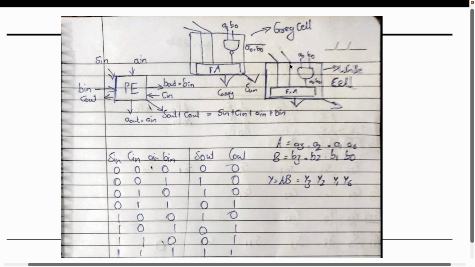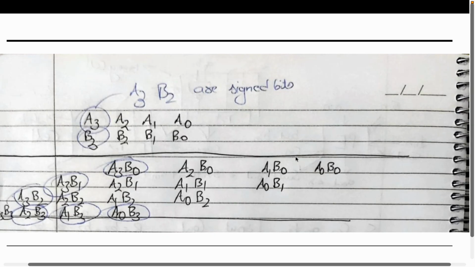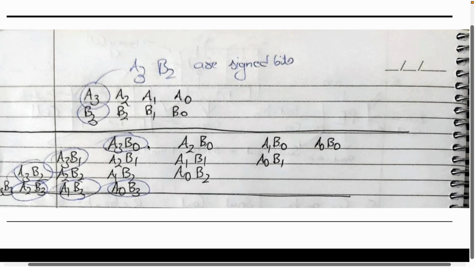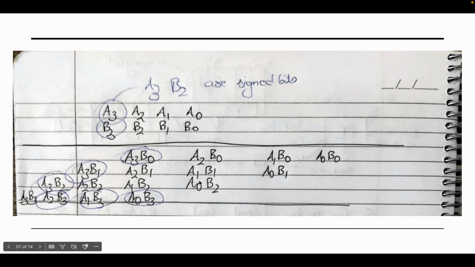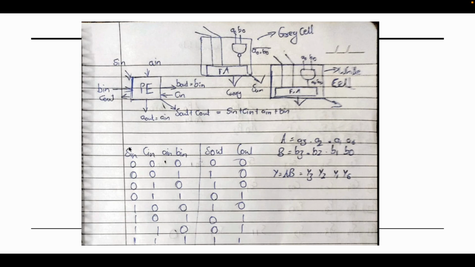And for partial products, like see in this example you can understand, whatever is not circled will have white cell as the processing engine. Whatever is circled, that means your signed partial products will have this gray cell as processing engine.